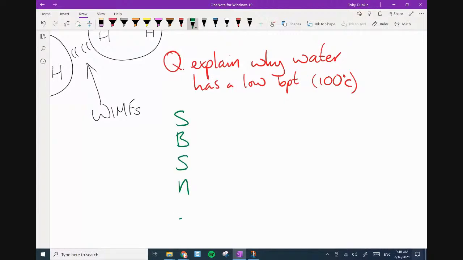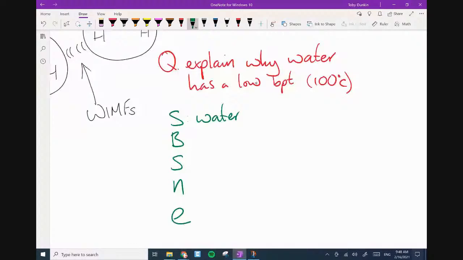So what is the structure? The answer to this in green: water is a simple covalent structure. You don't need the word simple, but you can put it in if you want to. Water is a simple covalent structure.